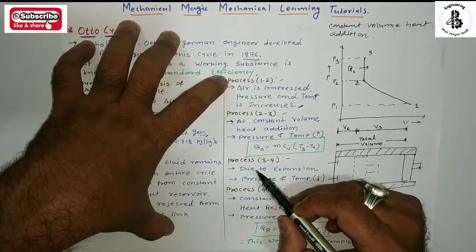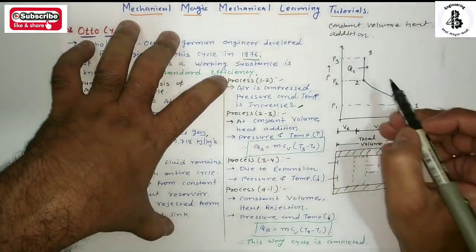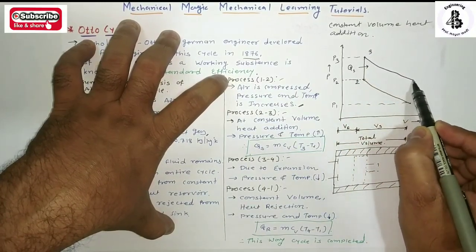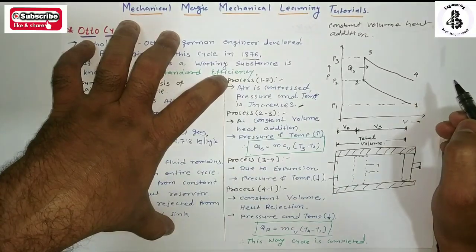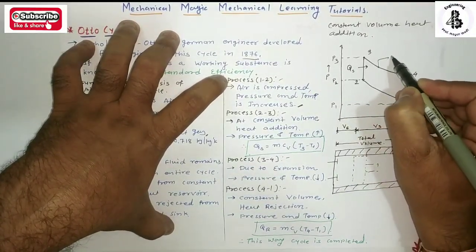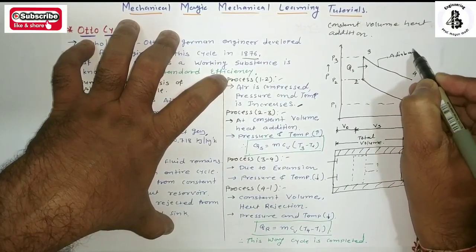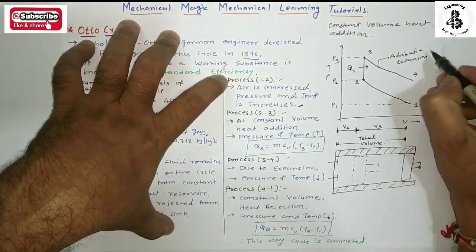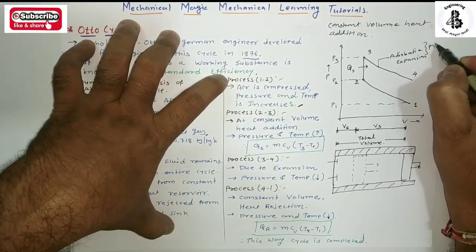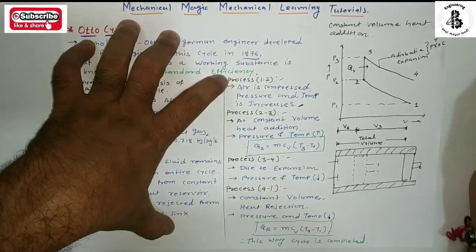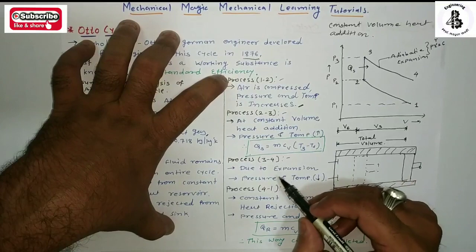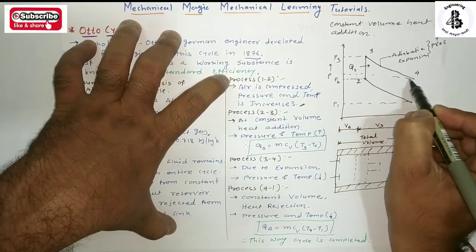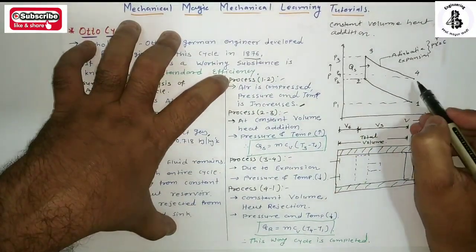After state number 3, there is isentropic expansion up to point number 4, or adiabatic expansion, represented by PV raised to gamma equal to constant. So in process 3 to 4, pressure and temperature are reduced, giving P4.